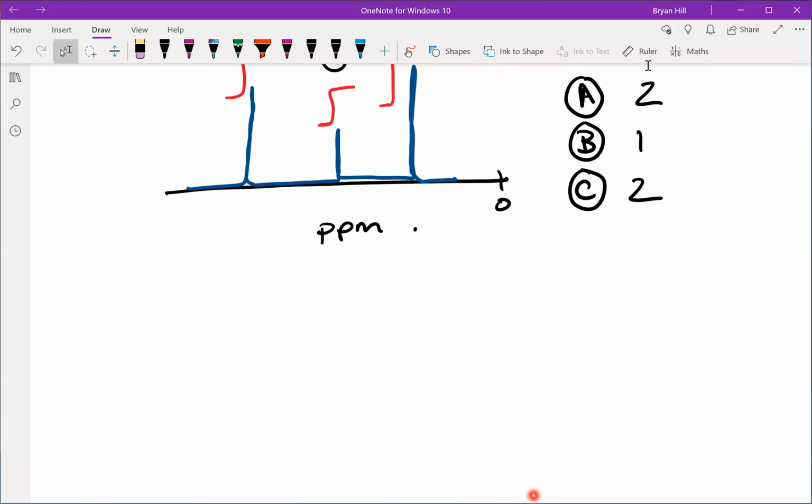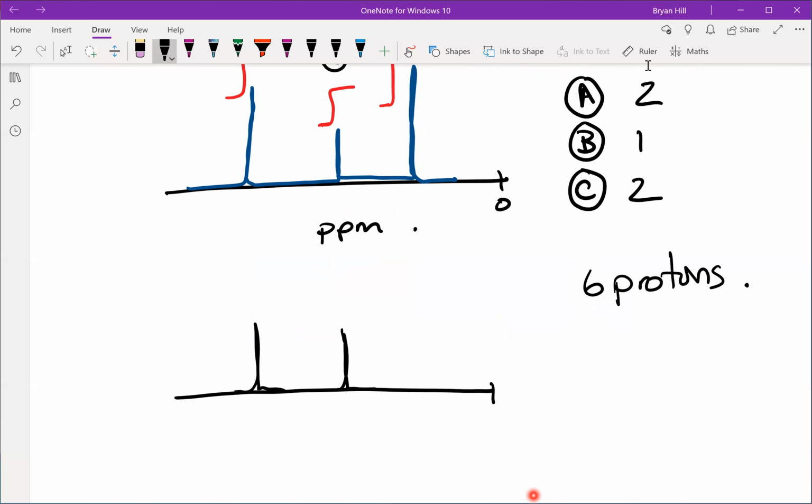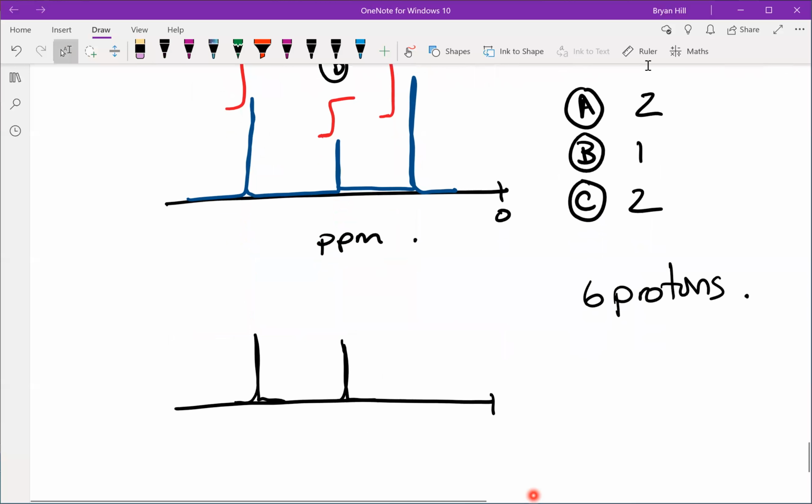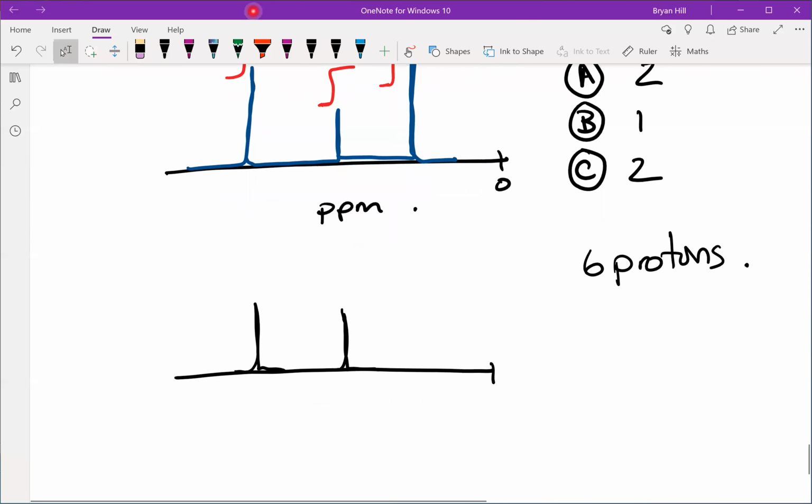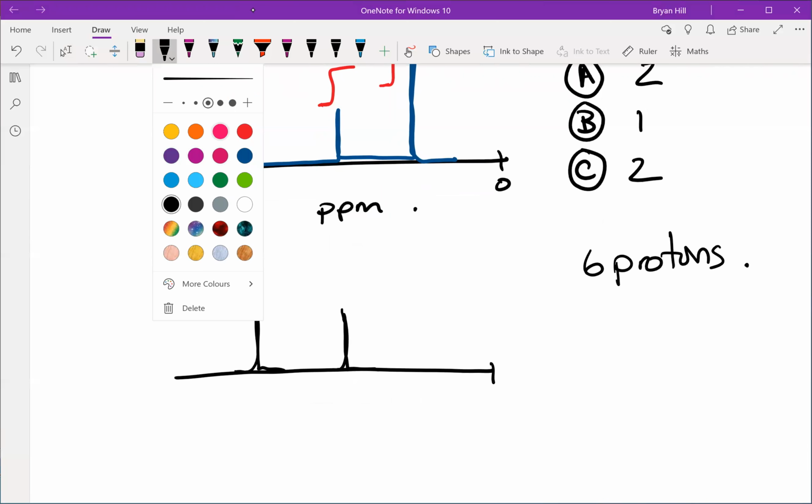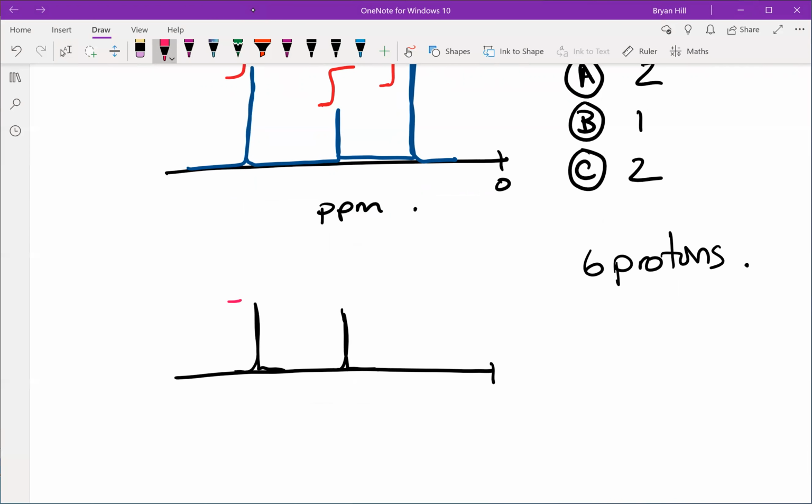So if we had another chart with a signal here and a signal here, and there were 6 protons, and the 2 integrals were basically the same height, that would tell us there would be 3 here and 3 here.